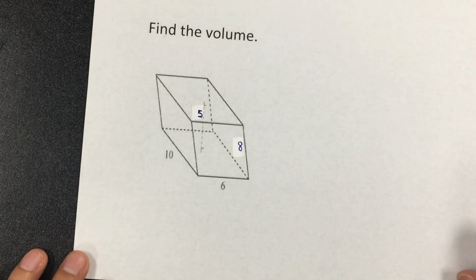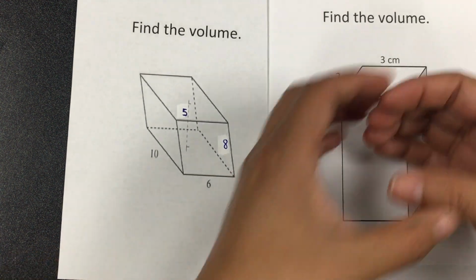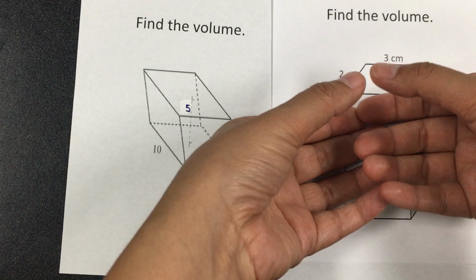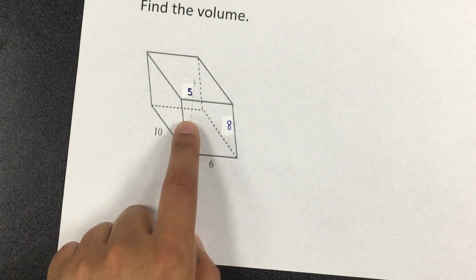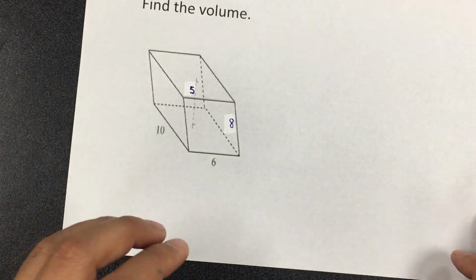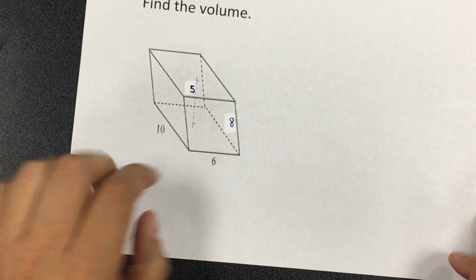Okay, so sometimes, you know how this one is standing up? Sometimes the prism is not going to be standing up and it's going to just fall on its side. And that's what happened to this one. Not only that, but the base is not always going to be a rectangle, like in this case.